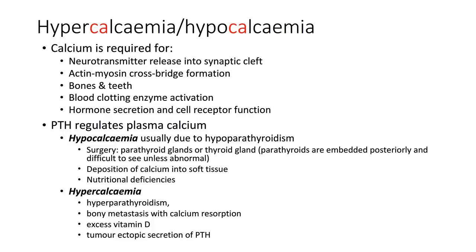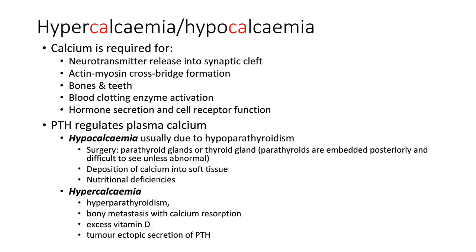Not enough calcium in the plasma can be a nutritional deficiency. It can be because there's deposition of calcium into the soft tissues, which we talked about in our cellular accumulations or cellular inclusions topic, with the material on cellular responses to stress and injury.